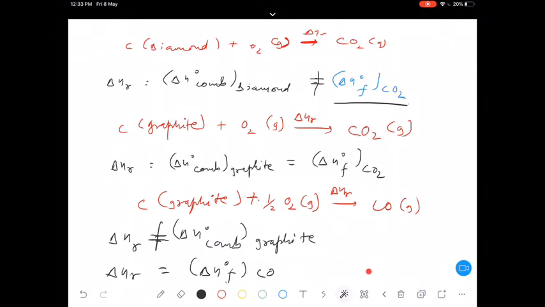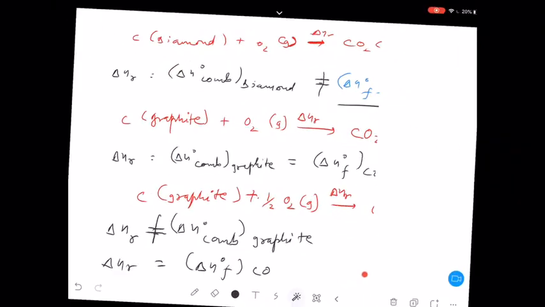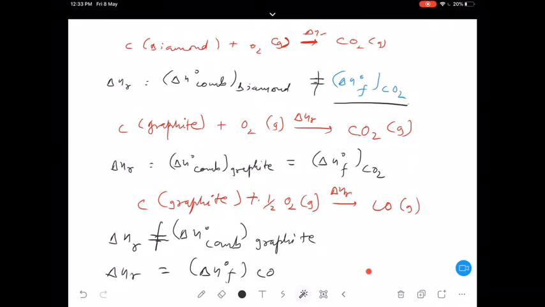Now we can say, after going through this particular part, that heat of combustion and heat of formation sometimes could be same for various species. So this misconception you have to remove from your mind, that if delta H for a particular process is called heat of combustion of some substance, at the same time it could be heat of formation for some other substance.